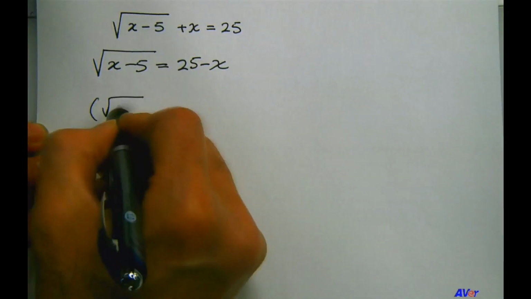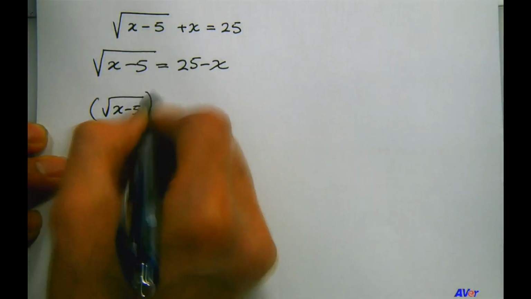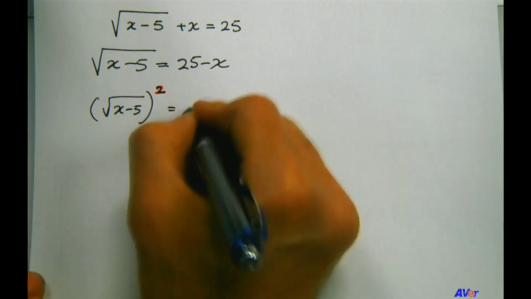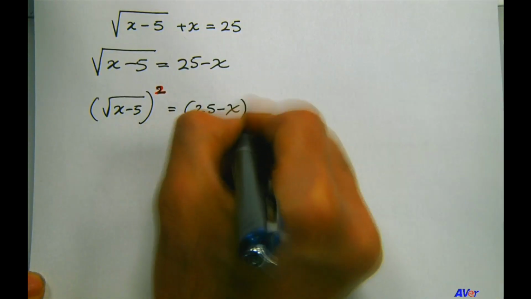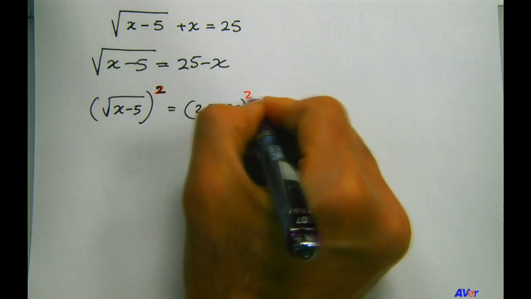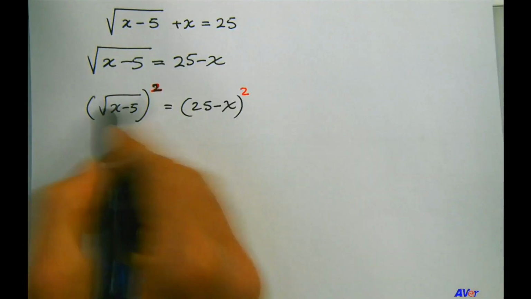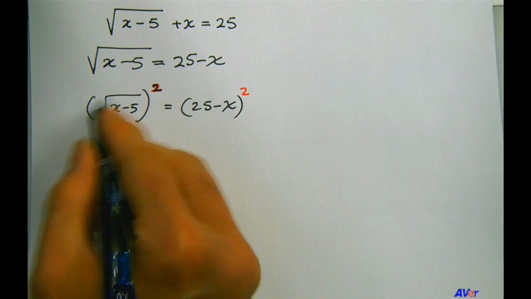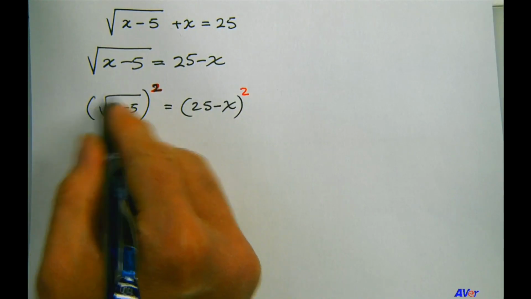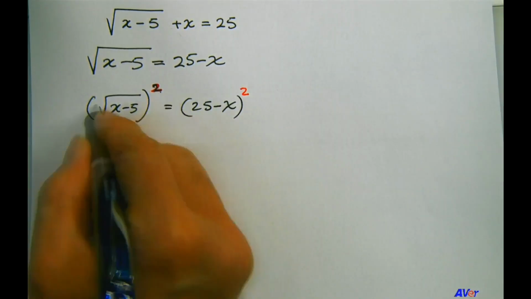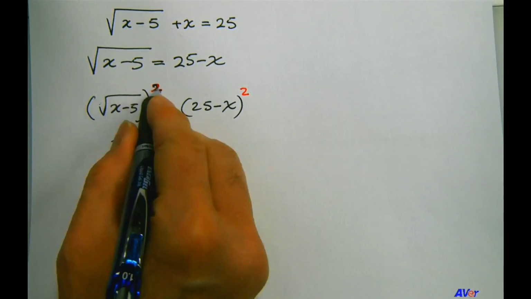So we have square root of x minus 5 squared equals 25 minus x squared. On the left, things become very easy because this 2 cancels out the index of the square root. So they cancel each other out. The index of this radical expression is equal to this power.